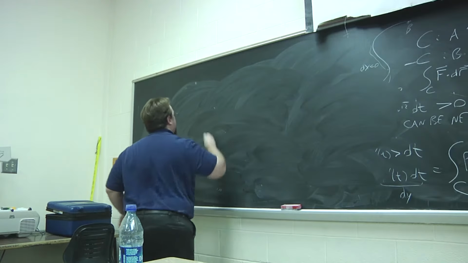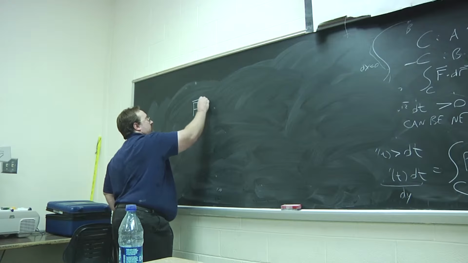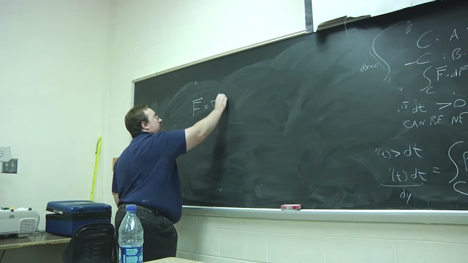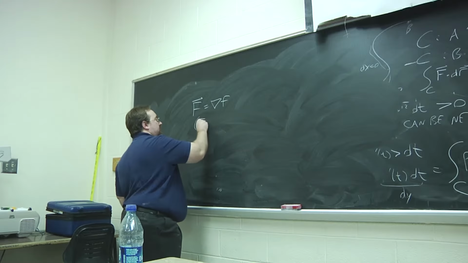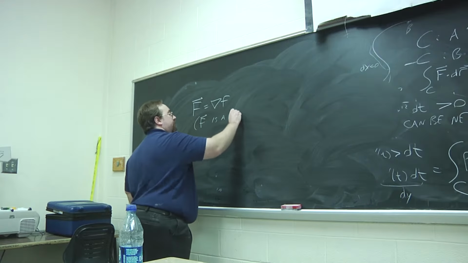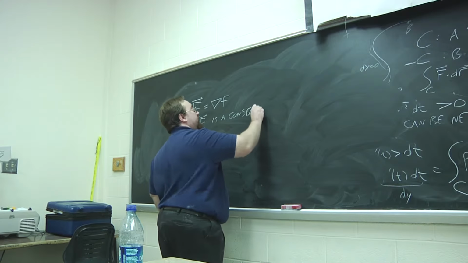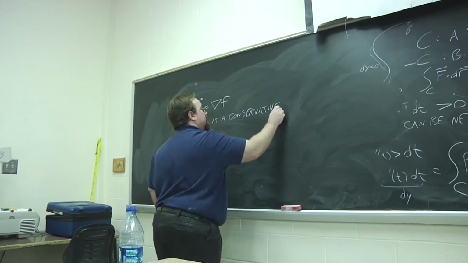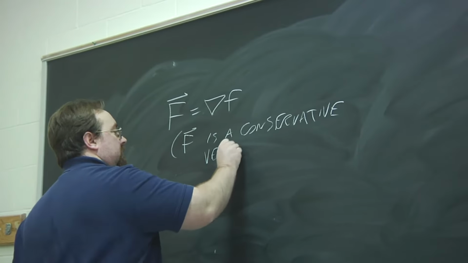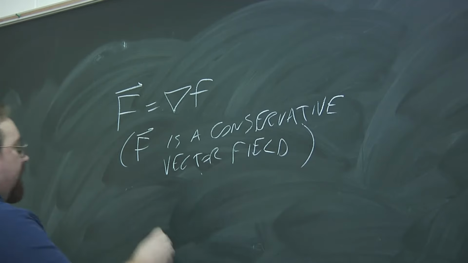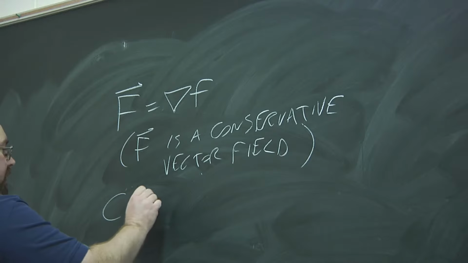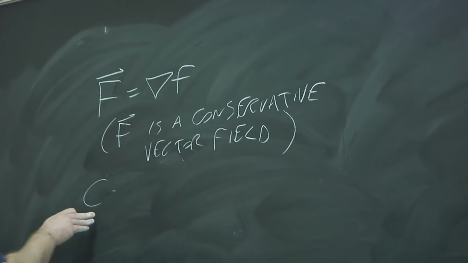Suppose that F is the gradient of some function little f. So in other words, big F is a conservative vector field. And we're dealing with any curve C right now.